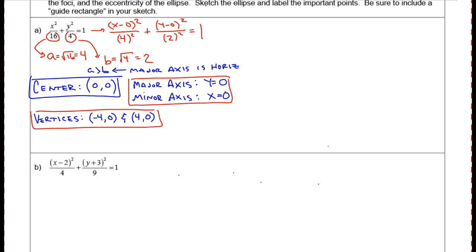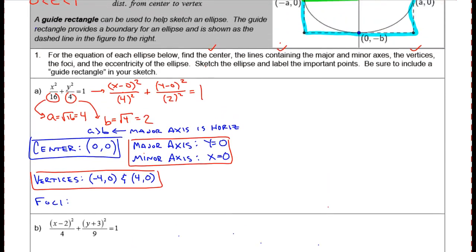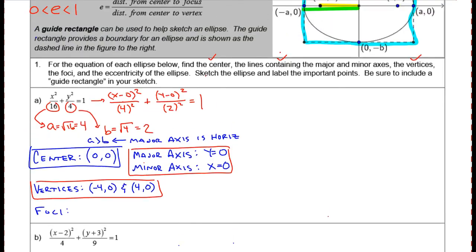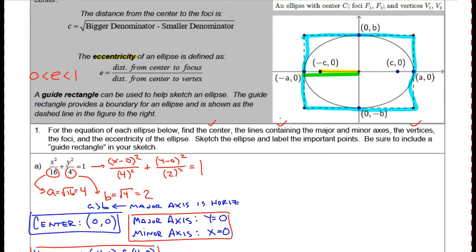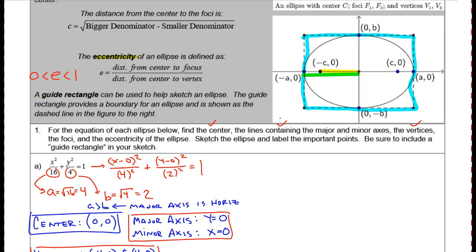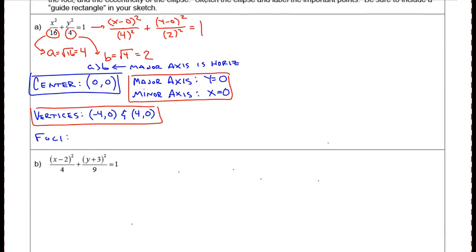Next, we're asked to find the foci of the ellipse. Well, that's going to be a little different. That's going to be c units away from the center, and we haven't found c yet. So let's go back up and check our equation. c is going to be the big denominator minus the small denominator, and then I have to square root it. So c equals the square root of 16 minus 4.